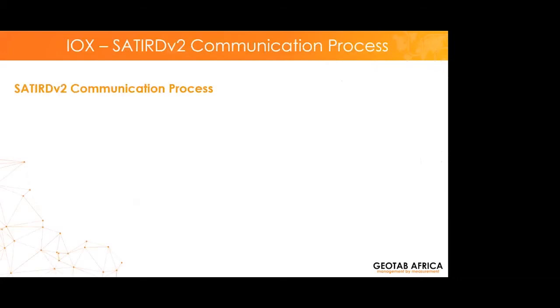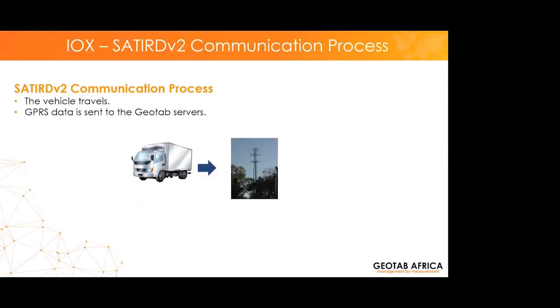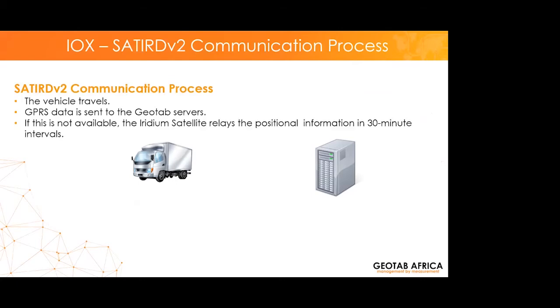Satellite communication process. If a vehicle is traveling and there is GPRS data, then the device will send data to the GPRS network. But in cases where the vehicle will move where there's no GPRS network, if it is not available, the Iridium satellite will then send positional data to the Iridium satellites on a 30 minutes interval.